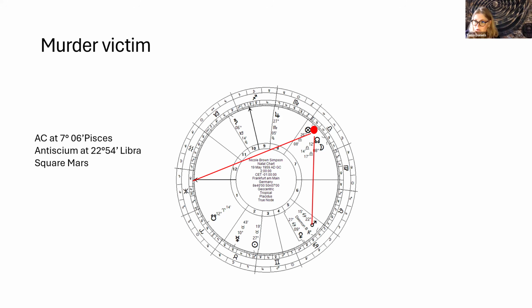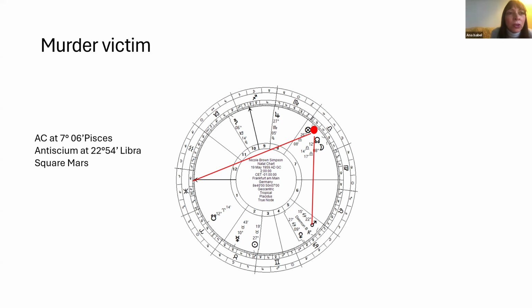Mars is at 22, so he's separating from the ascendant. I wouldn't normally have judged this aspect to be so difficult. But if the Antiscia of the ascendant is in the 8th house and Mars is aspecting that by a square, a difficult aspect, it takes on another color, so to speak.